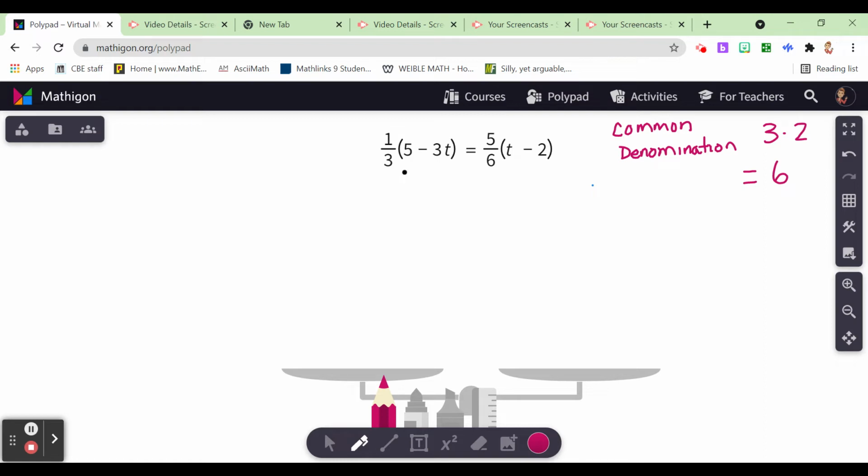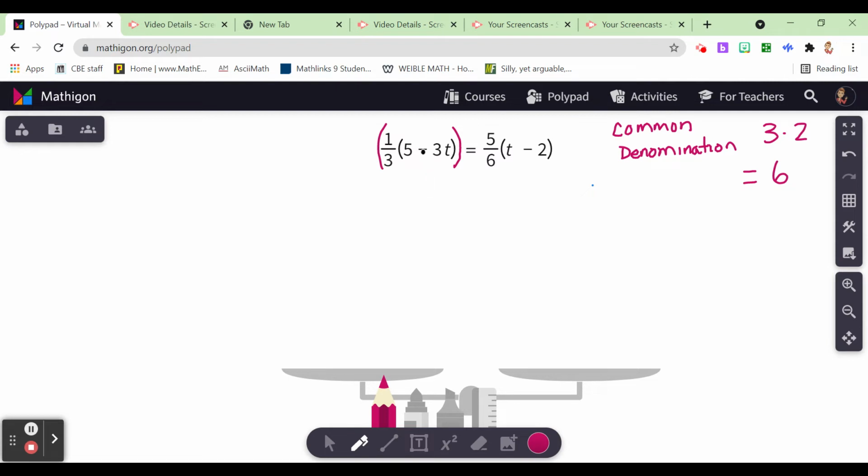Now, terms are held together by multiplication because these are inside brackets and attached with multiplication. That is considered one term. So when you are getting rid of fractions, you're multiplying every term by the common denominator.